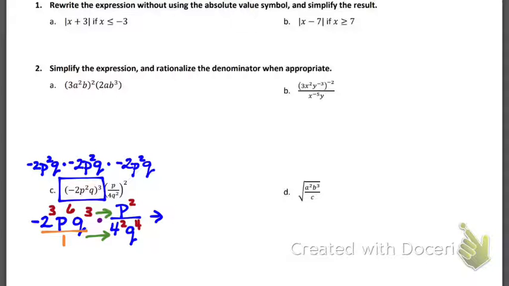So up in the numerator then, I would have -8, that's -2 cubed. I would have p to the 8th and q to the 3rd. Down in my denominator, I would have 16 q to the 4th. I'm actually going to bring that up just a little bit higher so that I have room to reduce it.